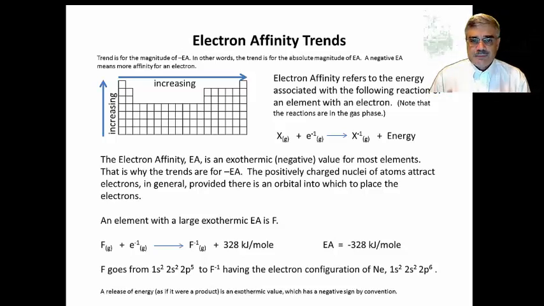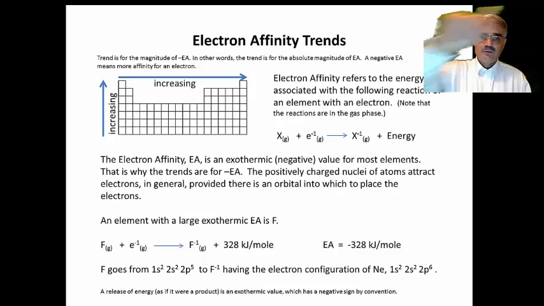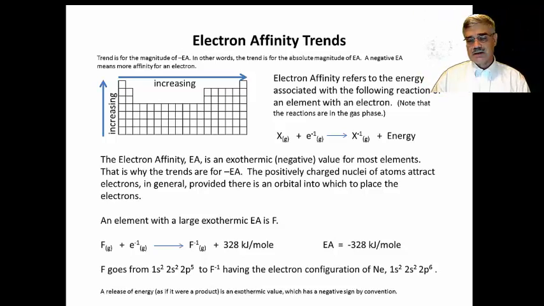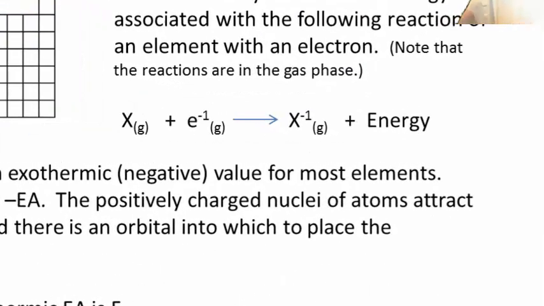Anyway, the trend, the pattern of the negative electron affinity, or the magnitude of the electron affinity, as you go up the periodic table, there's an increasing value of the electron affinity, and as you go from left to right, there's also an increasing magnitude of the negative electron affinity. Well, what exactly do we mean by electron affinity?